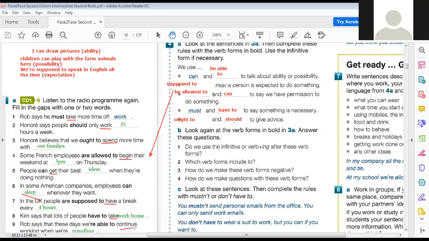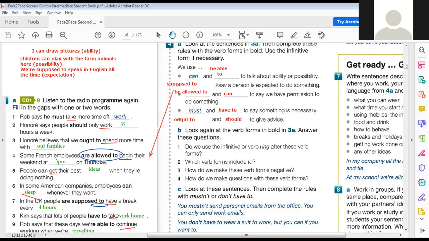Okay, which ones include to? Because not all of them have to. Which ones have to? Have to, allowed to, supposed to, ought to, able to.